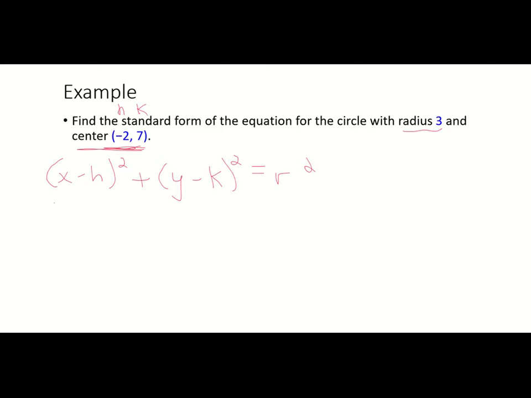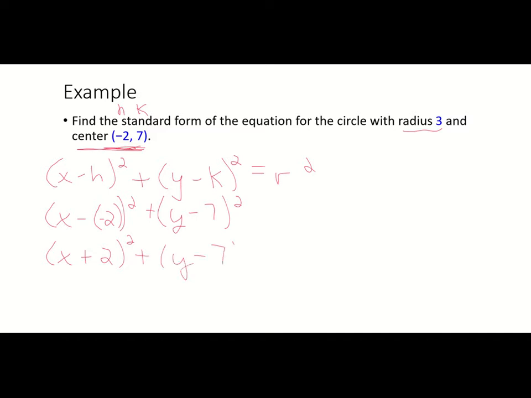So if I were to plug this in, I would have x minus my -2 squared. But if you have those two negatives there, we know that minus a -2 is the same as (x plus 2) squared. And then when we look at y, it's going to be (y minus 7) squared. So we'll just rewrite that down there.